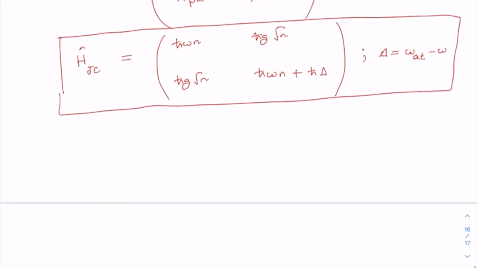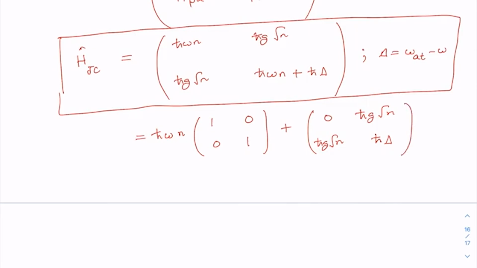Let me show you. Let me separate this Hamiltonian out in a number of terms. To find out the eigenvalues, I need to diagonalize it, and I can do it this way. I can write it as h cross omega n times the matrix 1 0 0 1, then I would be left with 0, h cross z square root n, h cross z square root n, and then I have here h cross delta.